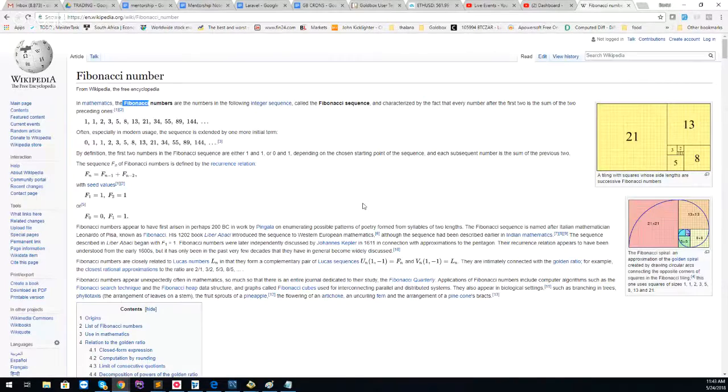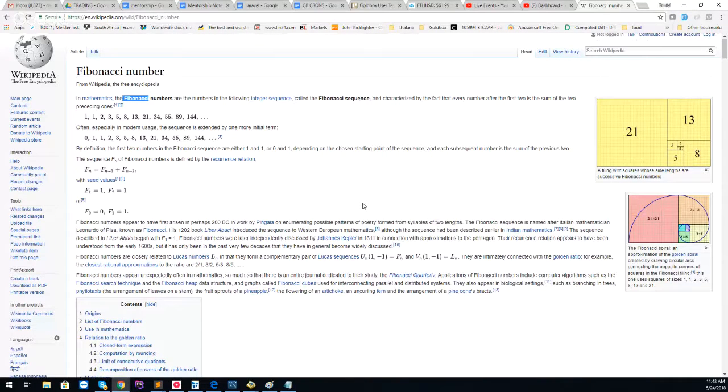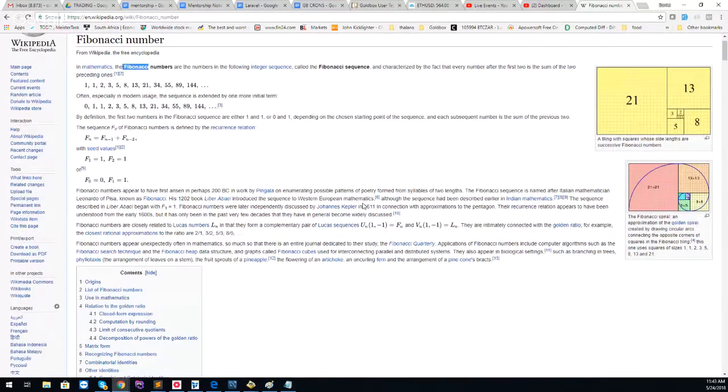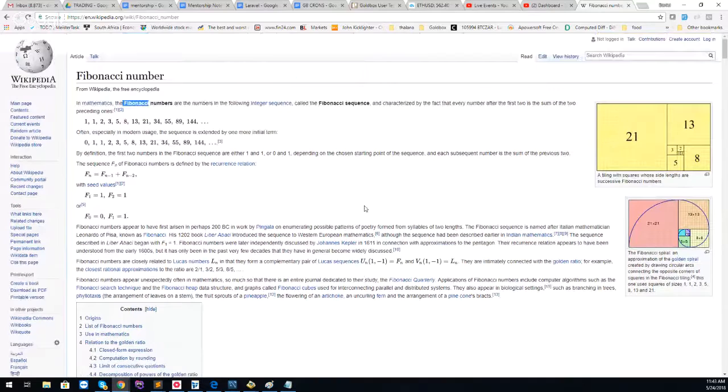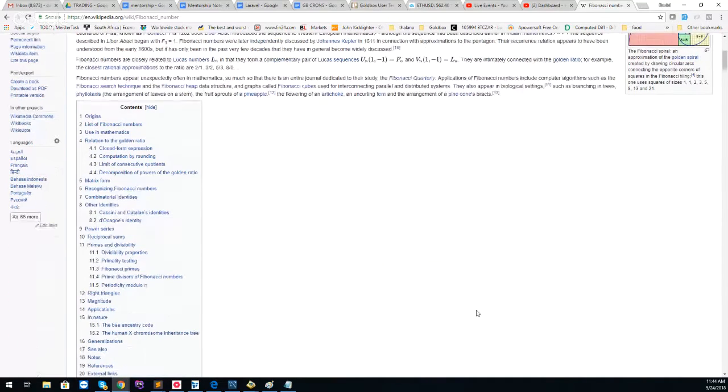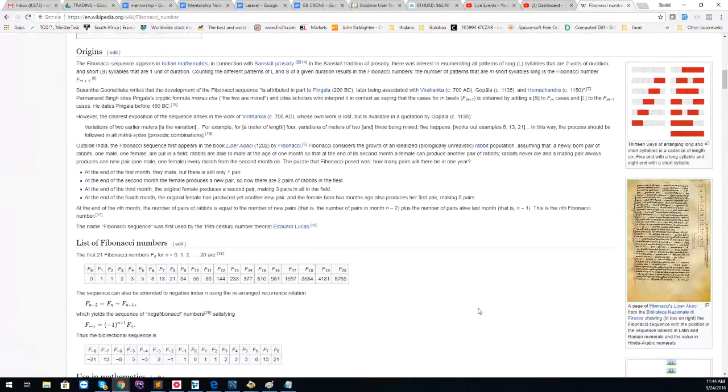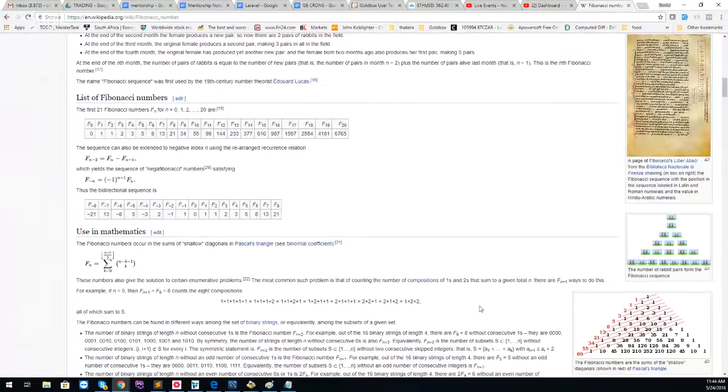Italian mathematician 200 years before Christ, so quite a long time ago. And he discovered a mathematical ratio that repeats itself in nature. If you look in here, you'll see that's the form of a shell. If you cut open a shell, it's got the Fibonacci sequence in it.